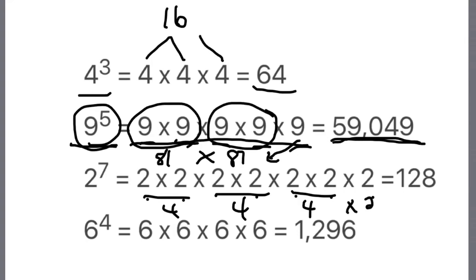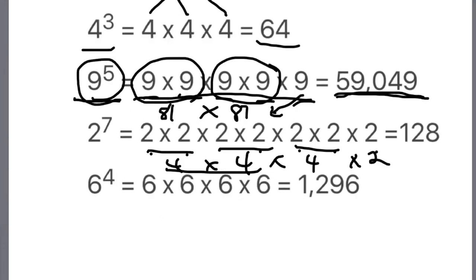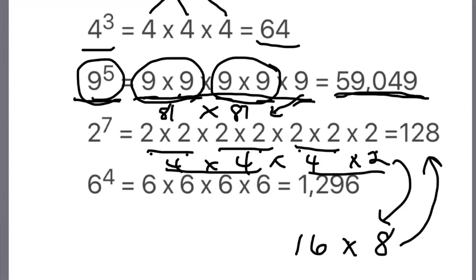And then we have another times 2. And then you could even go back and you can do 4 times 4 is 16. And then 16 times 8. 4 times 2 is 8. That will get you the standard form of 128.